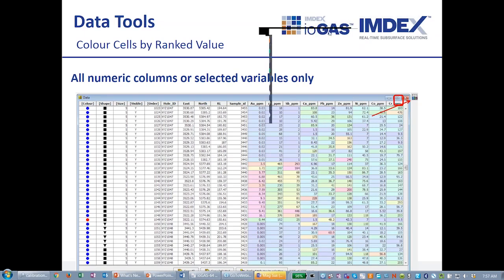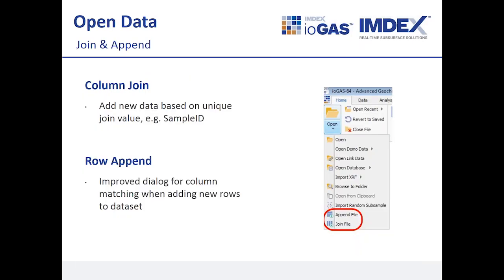A couple of data manipulation tools here, of which one's been improved and one is new. Appending data to the end of a gas file used to completely rely on name matching. Now with appending data, we can alias new data that you append at the same time. So it might not completely match by name, but if you are appending FE% to an FE2O3% column, you can adjust that alias on the way through.